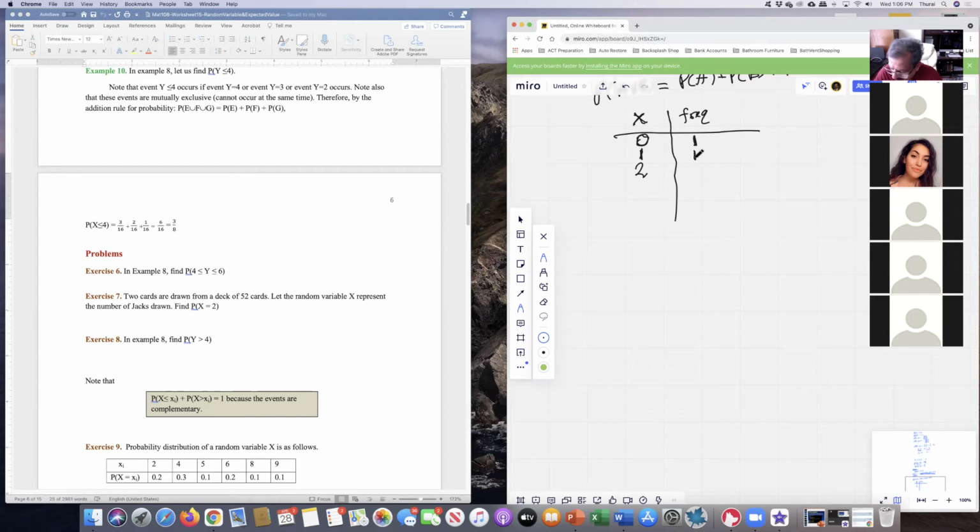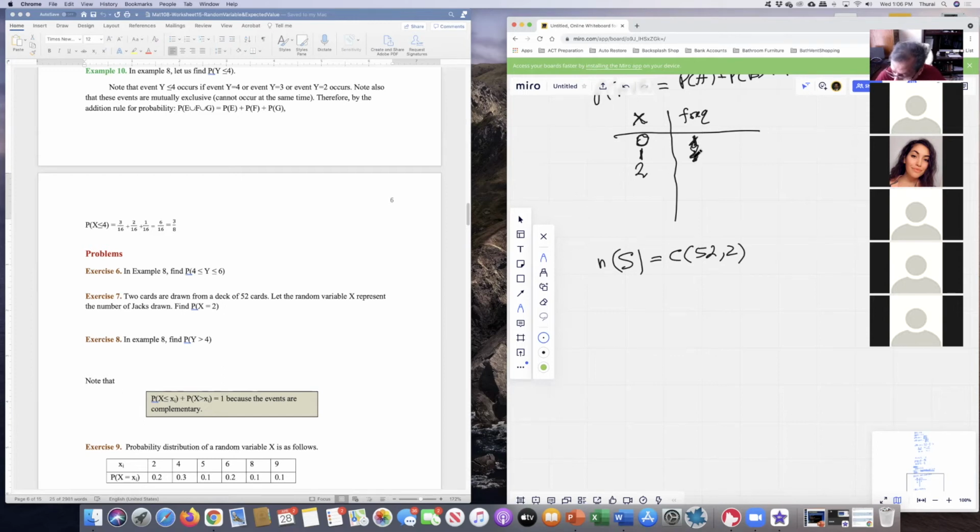If you take two cards from 52 cards, the count of the sample space is C(52, 2), right? So among those combinations of two, how many have one jack and one not jack? You have to put all those counts in here. And how many have no jacks? You have to put all of those.